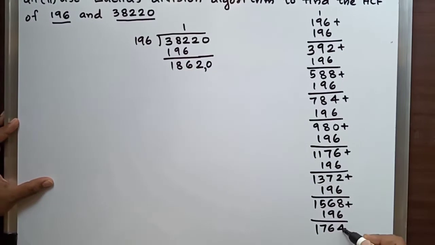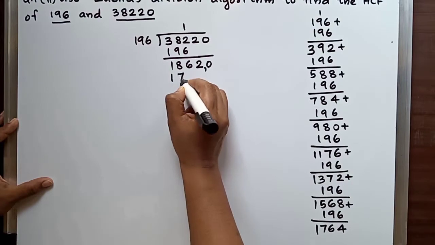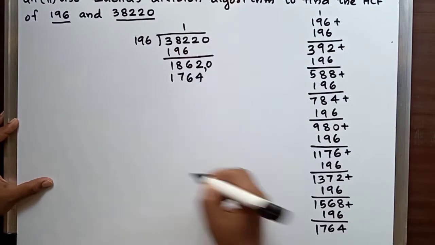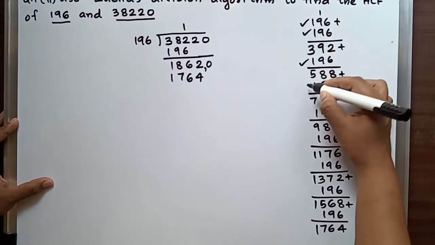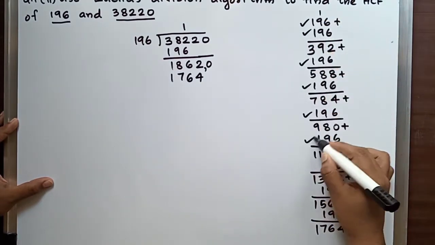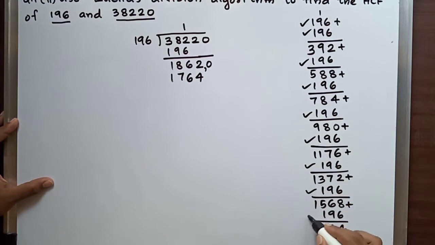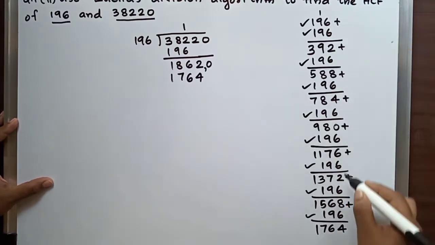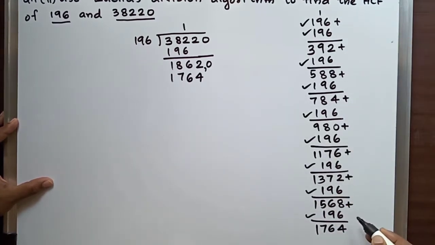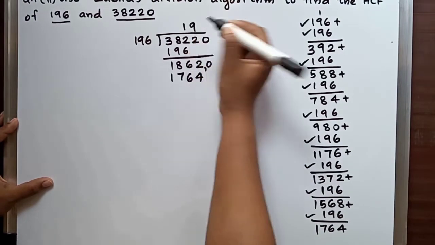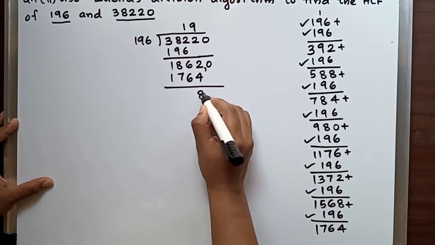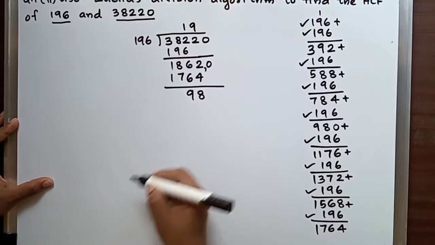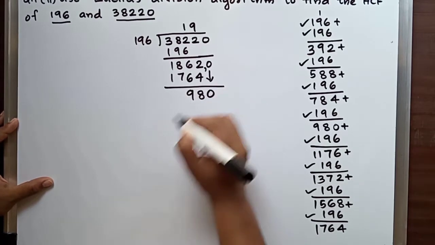So I am taking this number here, 1764. How many 196 are here? 1, 2, 3, 4, 5, 6, 7, 8, 9. See, 9 times I have taken 196, so here I have to write 9. Then again subtraction. Here 8, 9. And this 0 will come here.